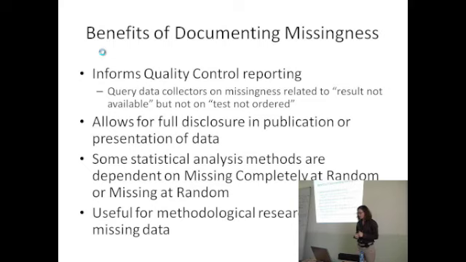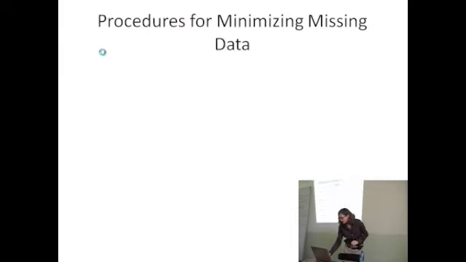And it's useful for methodological research related to missing data. For statisticians, missing data is a huge problem, so if they get any information they can on missing data, they can adjust their methods and develop new methods for handling similar situations.